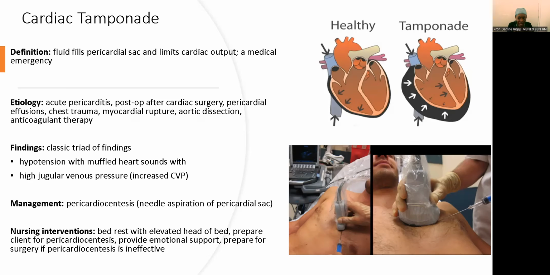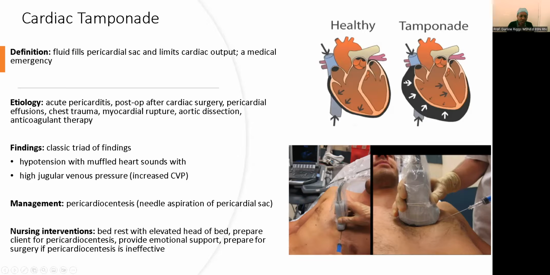That fluid does need to be aspirated and removed. Our job as the nurse is to have the pericardiocentesis kit at the bedside. It just has a large bore needle that, under the guidance of an ultrasound, the physician is going to put right there.